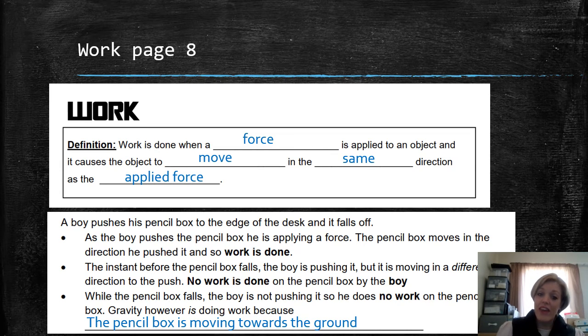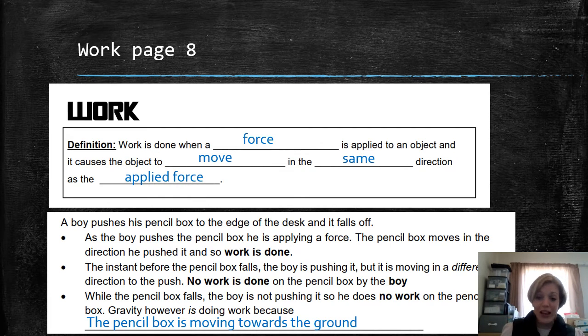But the instant before the pencil box falls, the boy is pushing it, but it is moving in a different direction to the push. So no work is done on the pencil box by the boy. When that pencil box falls down from the desk, it's now falling down towards the ground.